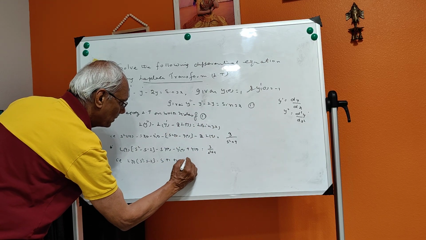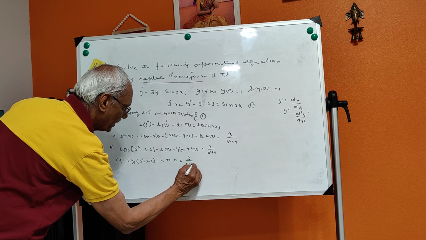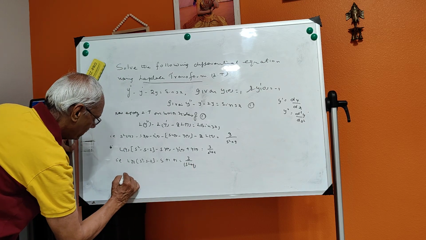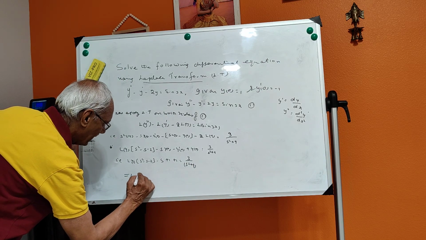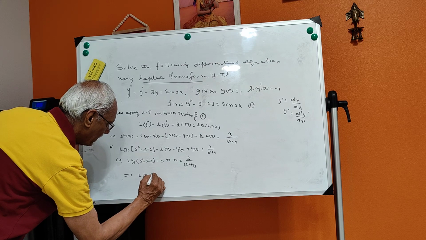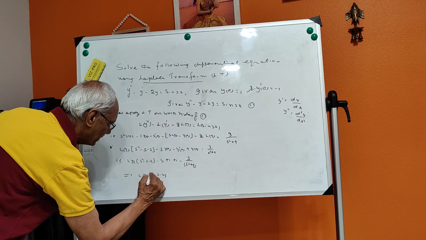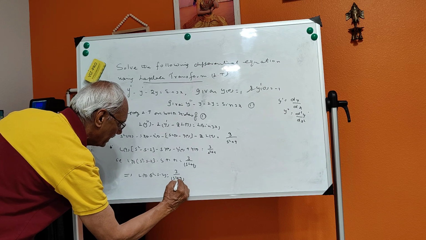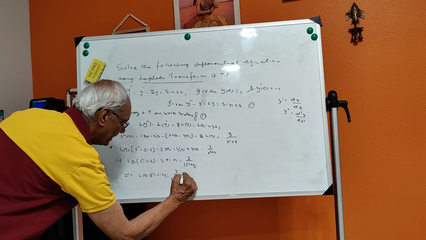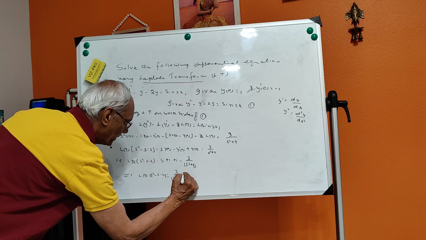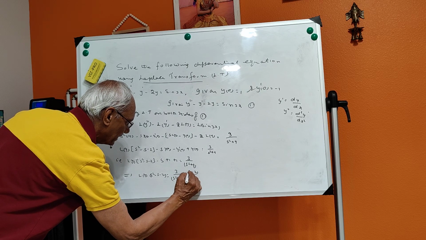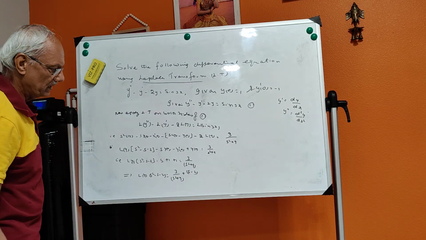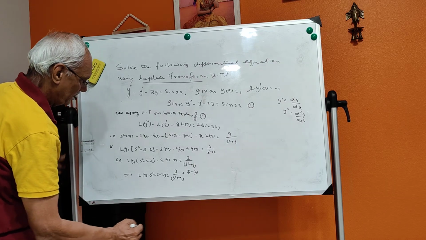So this is equal to 3 by s square plus 9. This implies L of y into s square minus s minus 2 is equal to 3 by s square plus 9 plus s minus 2. So what do you get?